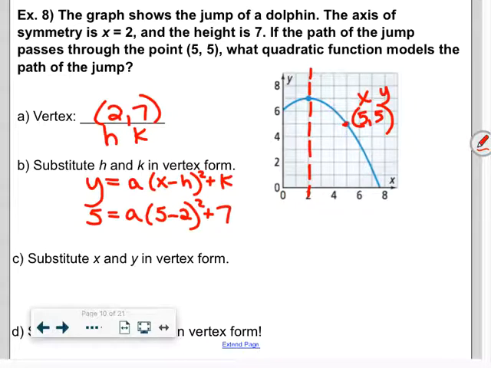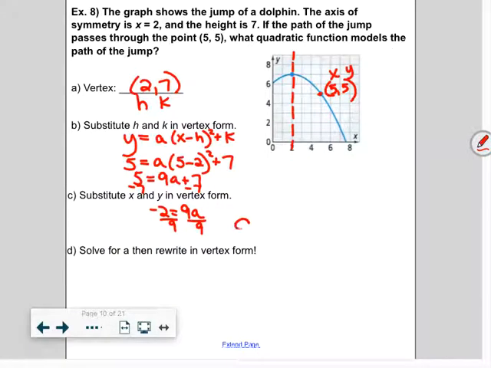Hey, I know how to solve this for one unknown. 5 minus 2 is 3, and then I square it. So that's 9a plus 7. Subtracting 7, I get negative 2 equals 9a. Divide by 9, and a is negative 2/9.